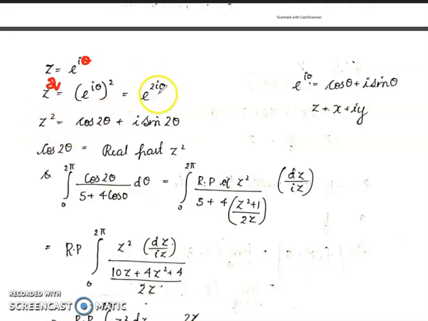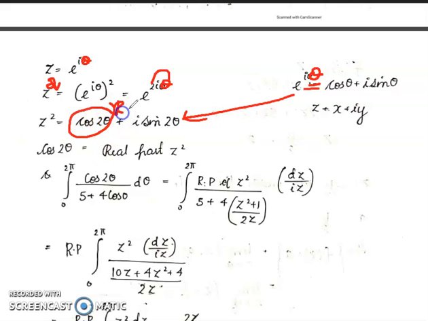Now e power iθ is cos θ plus i sin θ. Therefore, e power 2iθ means instead of θ you take 2θ, because e power iθ is cos θ plus i sin θ. So e power 2iθ is cos 2θ plus i sin 2θ.